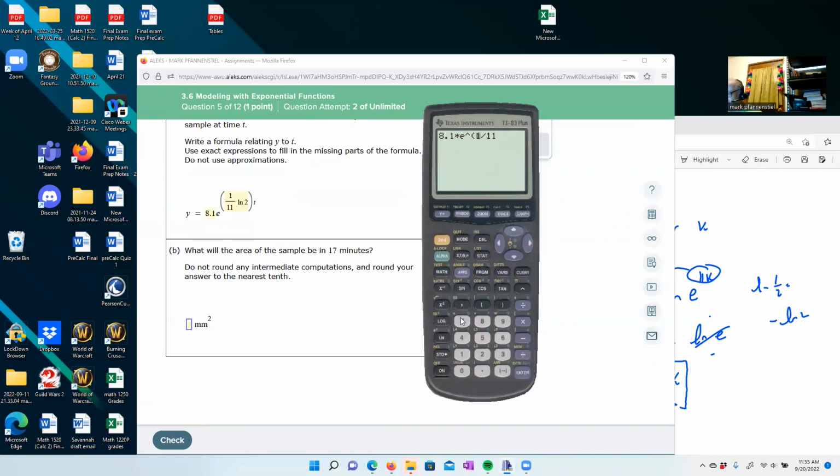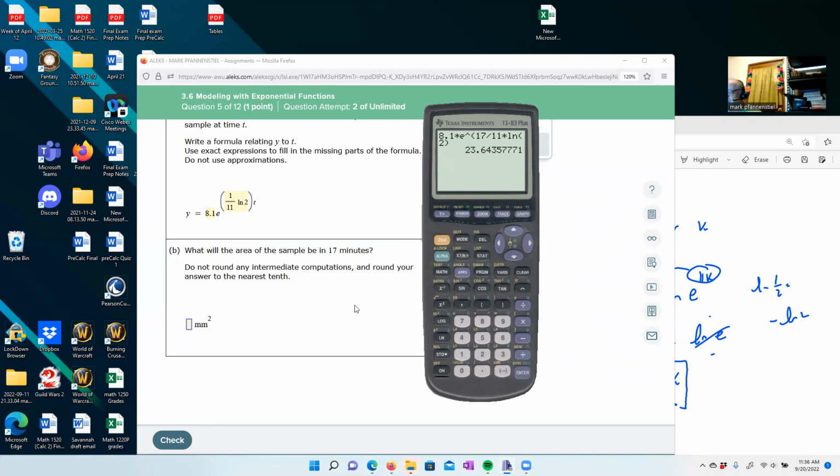So let's say 17 divided by 11 times natural log of 2. Remember the rules of exponents: an exponent raised to an exponent, we multiply them together. That's why we could do this, and when t turns into 17, we have 17 over 11 times natural log 2. That should do it.